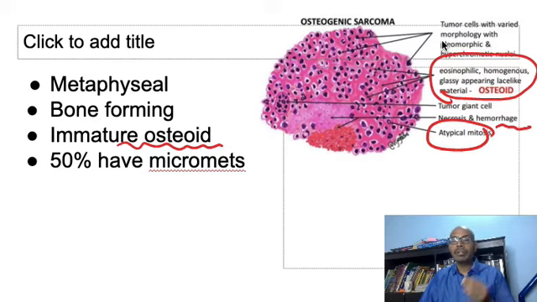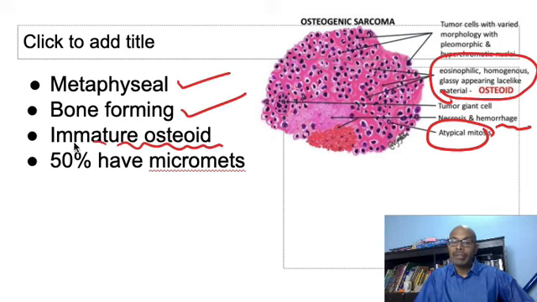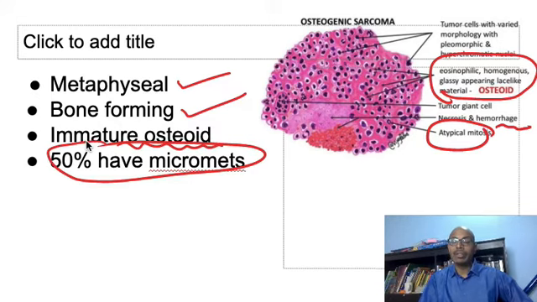So when you see improper osteoid formation with lacy features, glassy appearance, it indicates an osteosarcoma, an immature osteoid or immature woven bone formation, right? It is mostly metaphyseal. It's a bone forming tumor, and 50% have already had micrometastasis at the time of diagnosis.